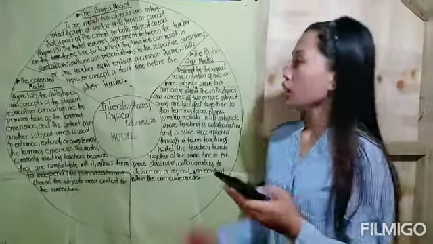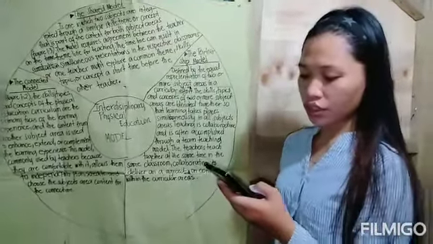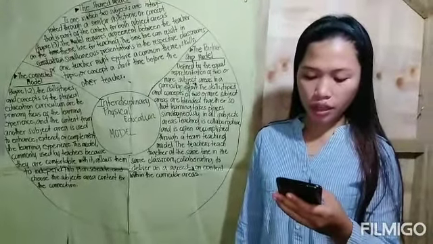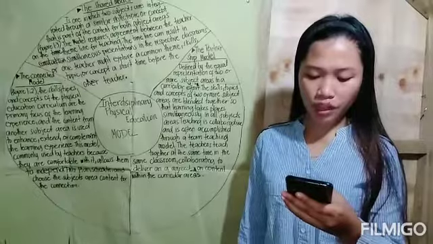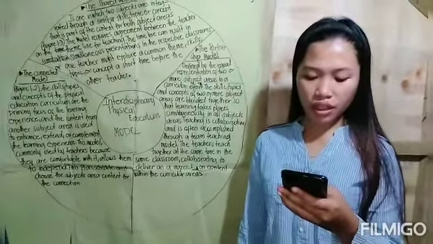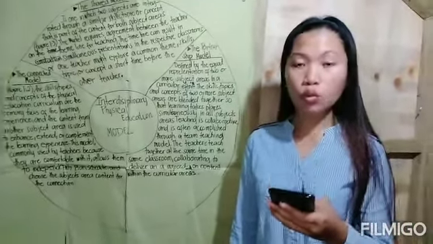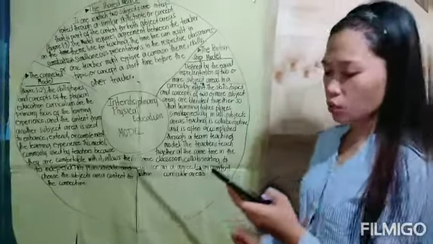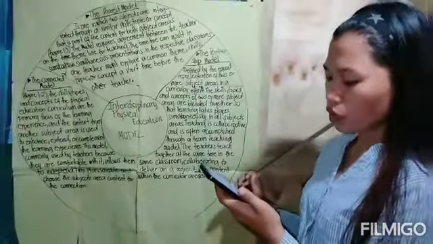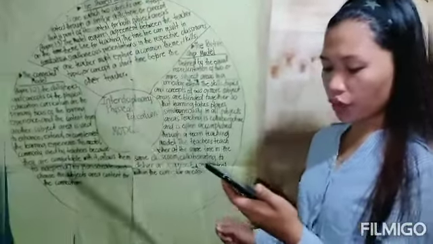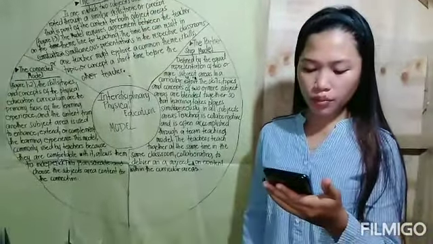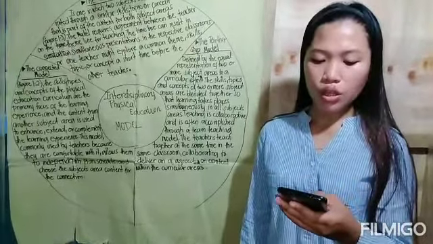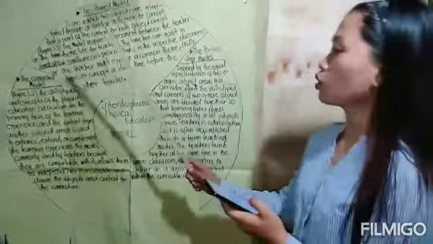These are the three interdisciplinary teaching models: connected, shared, and partnership. They provide approaches for integrating the skills and concepts of two or more subject areas. These models will help you clarify your intent and objectives for using interdisciplinary teaching.